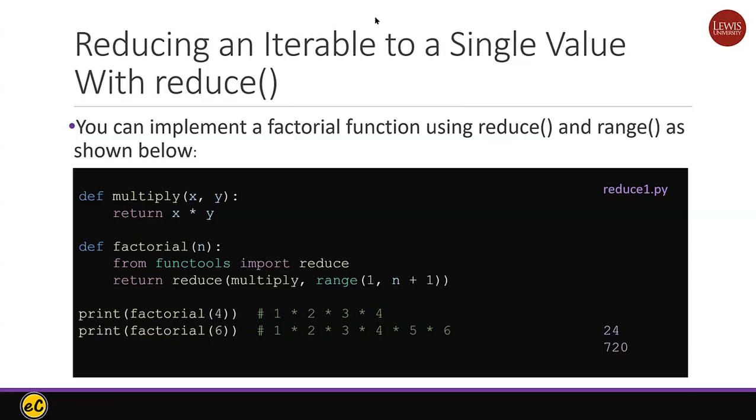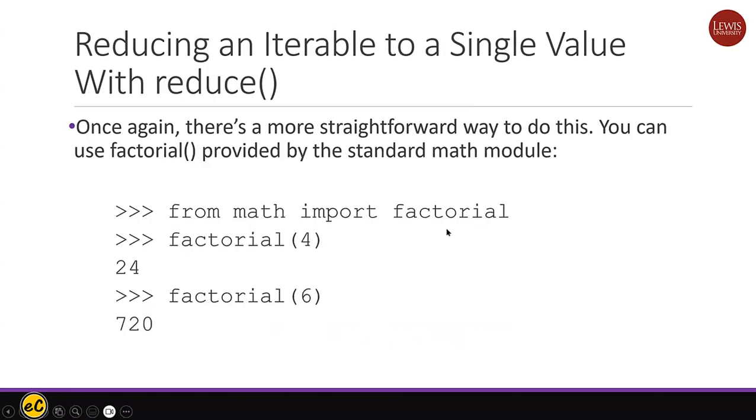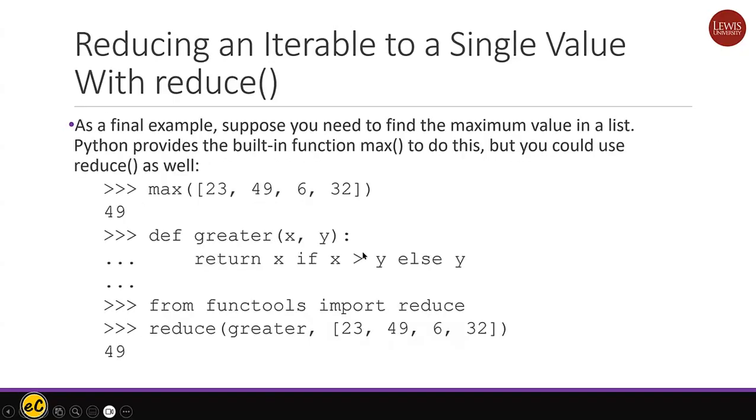So there's a function called multiply, and then you return the reduced multiply to the range function here. Okay, that would equal factorial. Any questions so far? No. Okay, so that actually gives you the factorial.